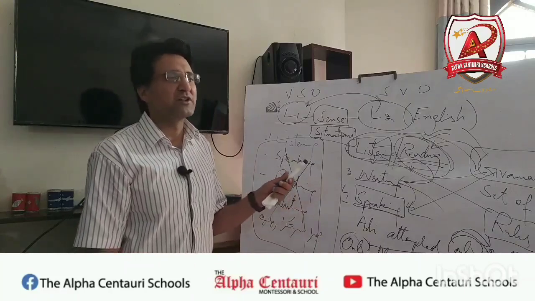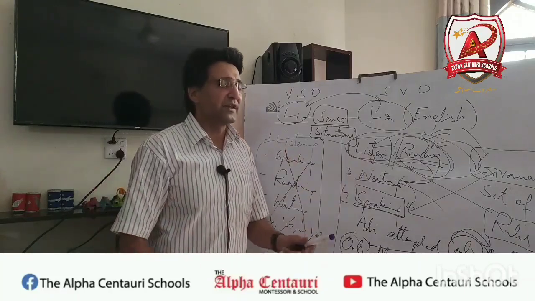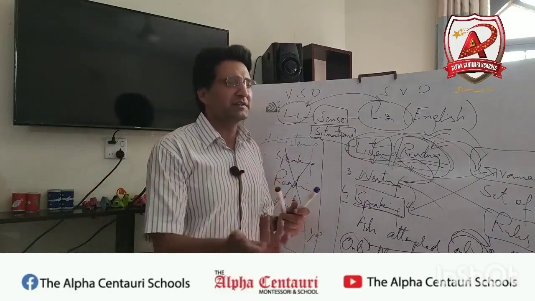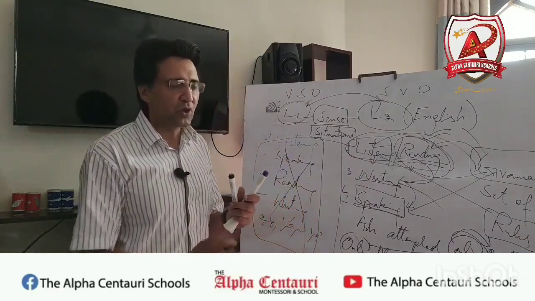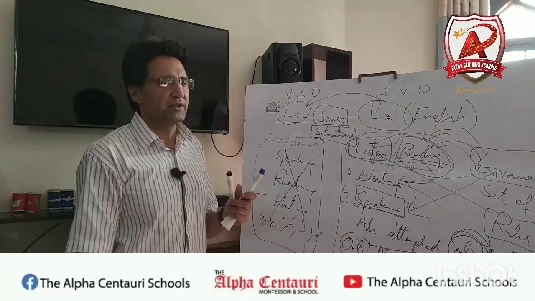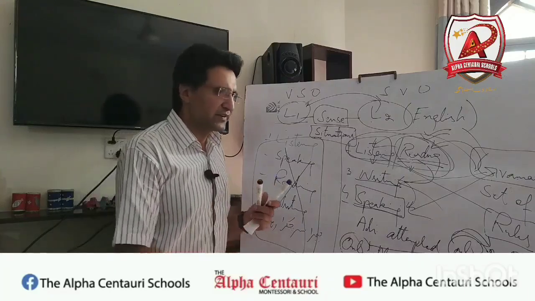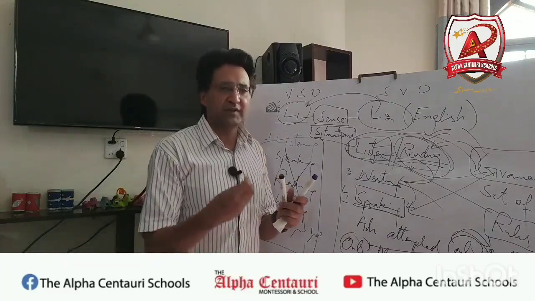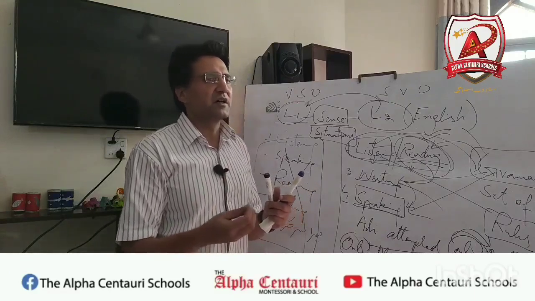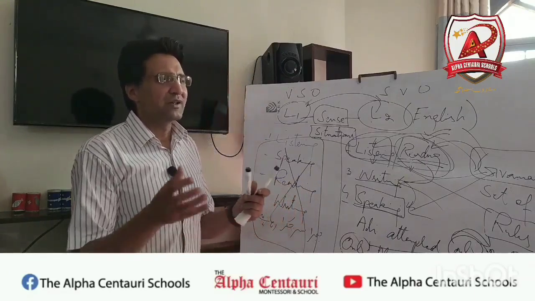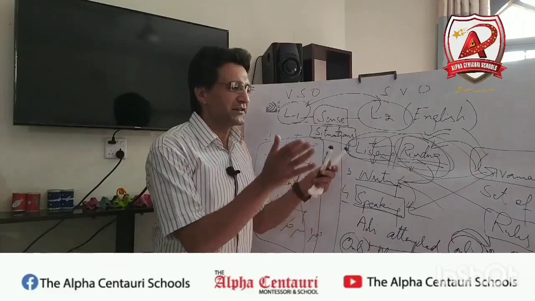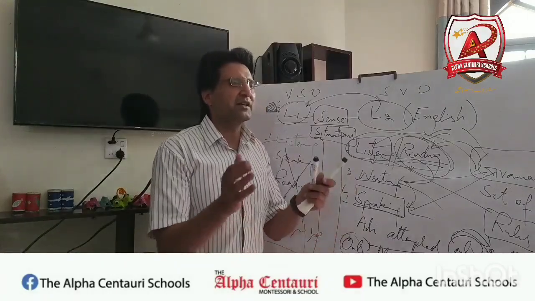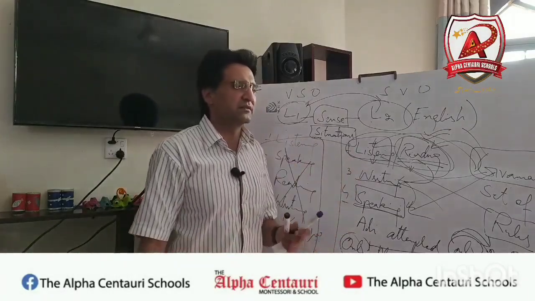Generally, I'm saying generally, no system is implemented. No sequence is followed. Generally, translations and interpretations are there. The children are asked to cram, to learn by heart certain summaries and certain question answers.